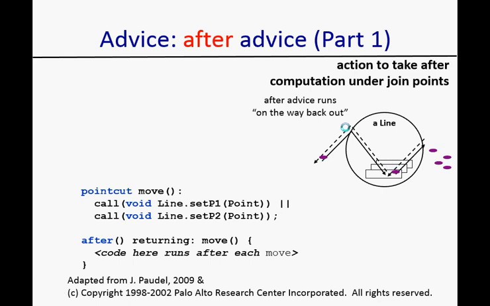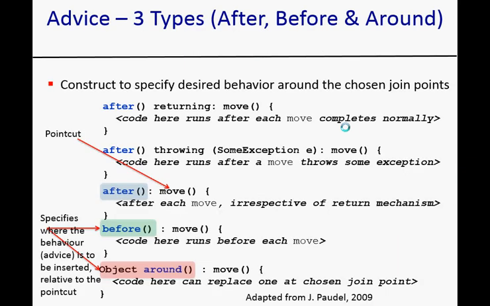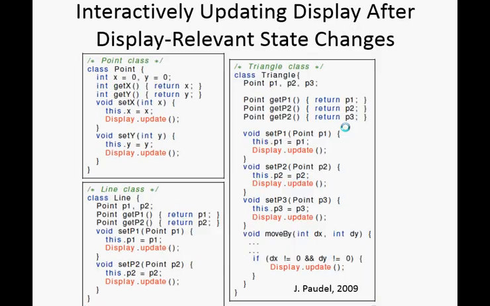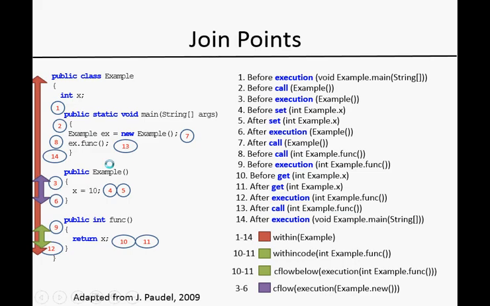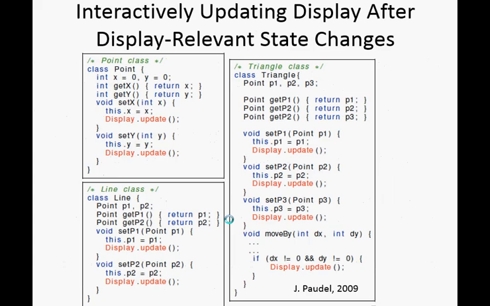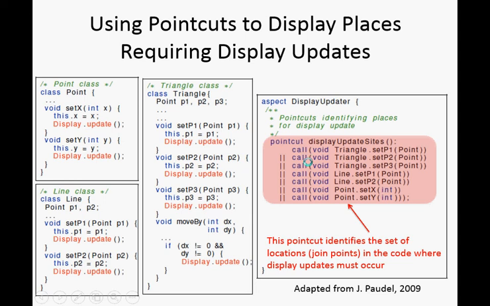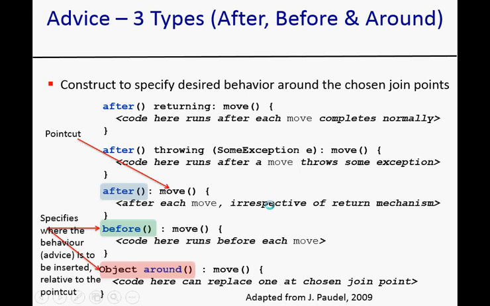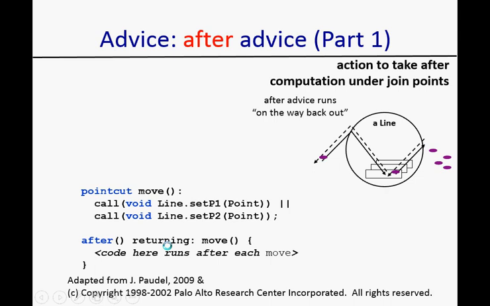Okay, so it's sort of running it on the way out. Just after it's returning, we could perform a value, and that will allow us to handle, just after this call, executing some code here. Okay, we'll maybe log it.